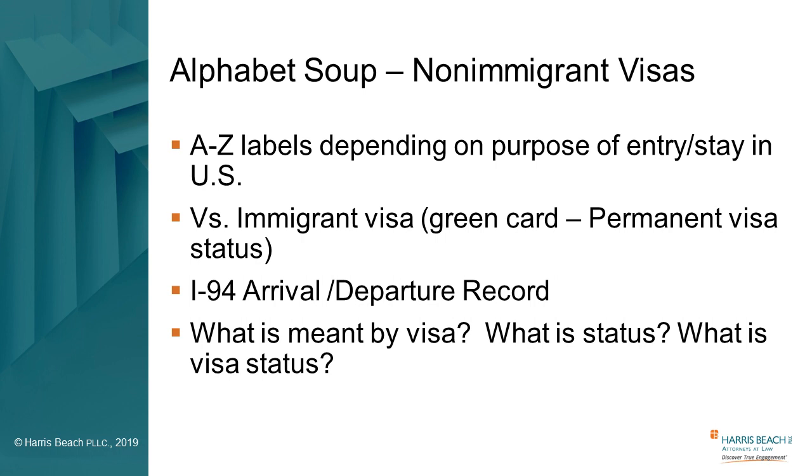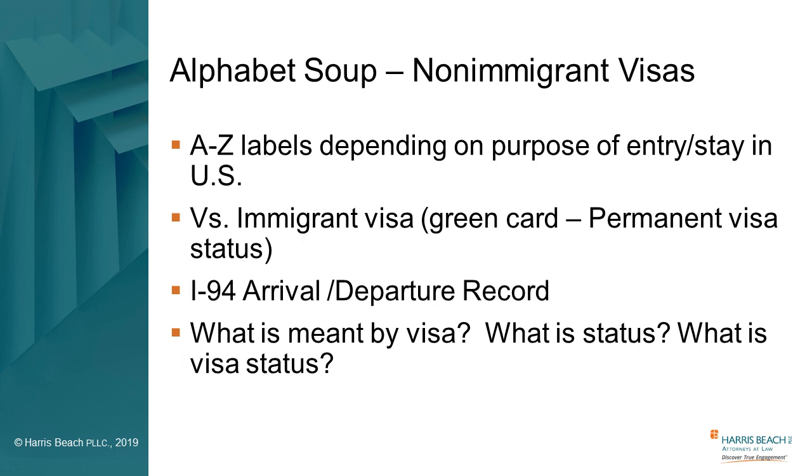I put these questions here, what is meant by visa, what is status, what is visa status, because both in the real world and on media and even amongst immigration lawyers, those are often used interchangeably and often incorrectly, and so they've kind of lost some of their meaning, but there is a distinct difference.